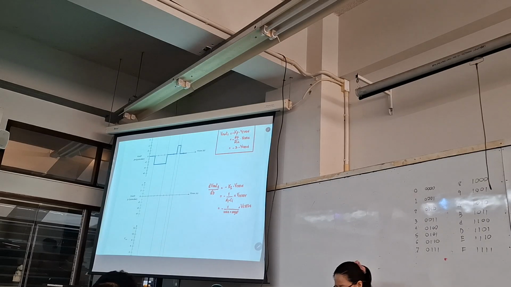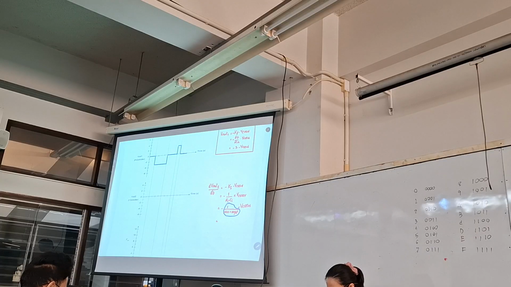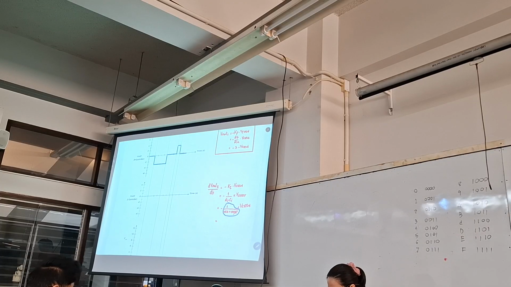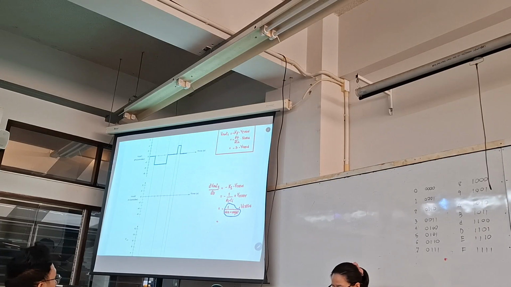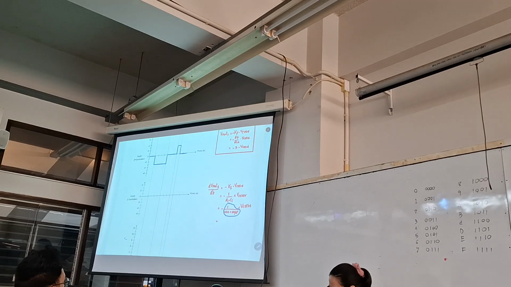If you use the calculator to make the calculations, you will get the constant of 1. So 1 over 10 kilo ohm times 100 microfarad will equal 1.